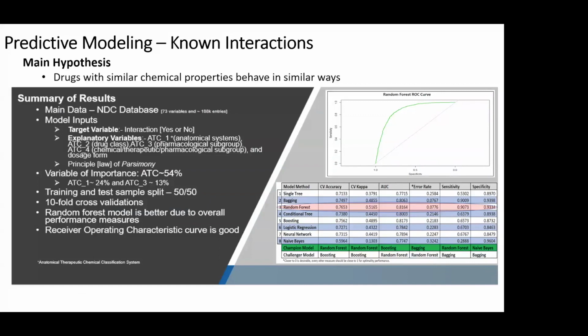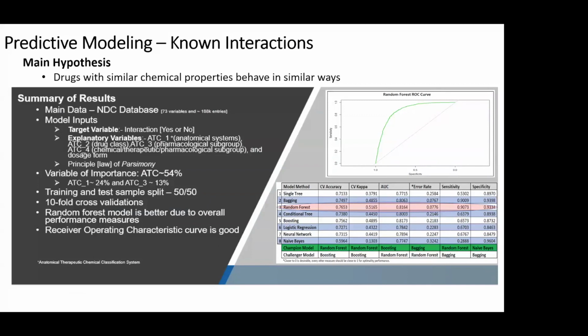Those 6 measures are cross-validation accuracy, cross-validation kappa, area under the curve, the error rate, sensitivity, and specificity. When we compared these 8 models, as long as the assumptions of those models were fulfilled, we applied them. Our champion model for this particular exercise happened to be random forest. So we decided to use random forest in predicting net new drugs.